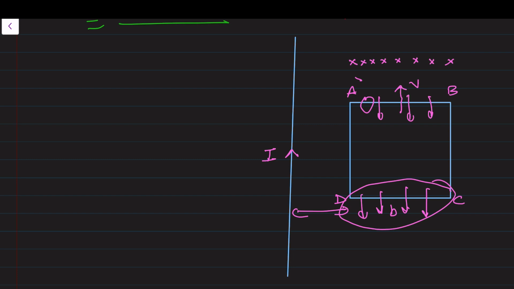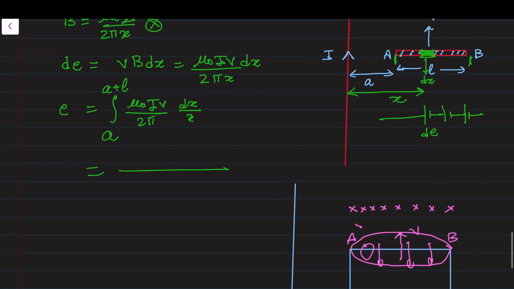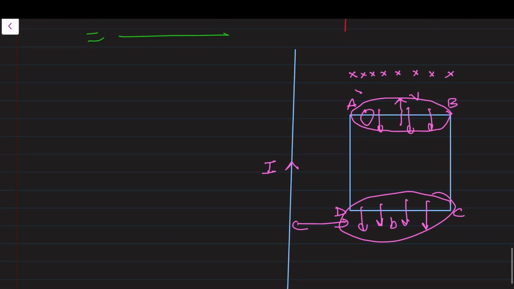Now here you see one thing. EMF induced in this part will be there. It is very much similar to this part only. So I am saying EMF induced in AB is E. Then it will be like this, E. And the value of this expression for E will be the same as the previous.